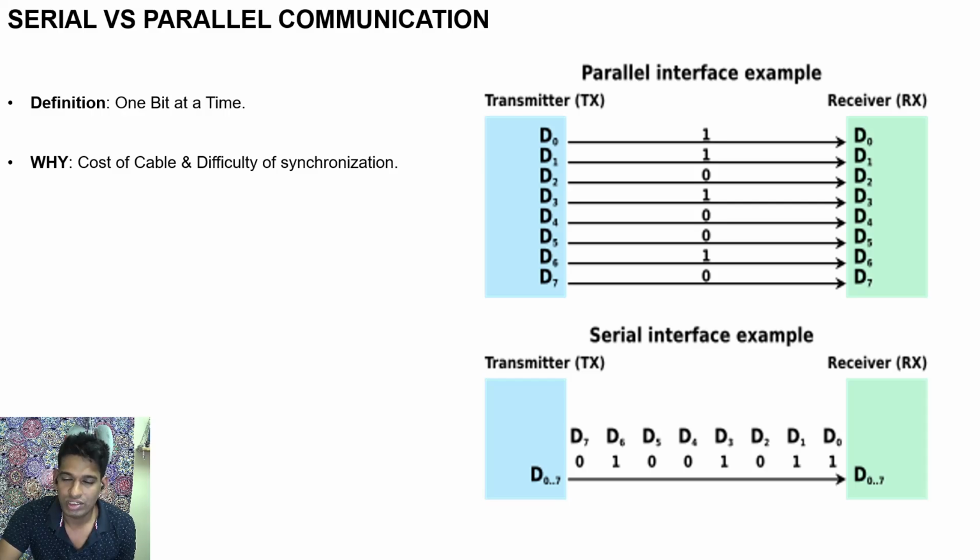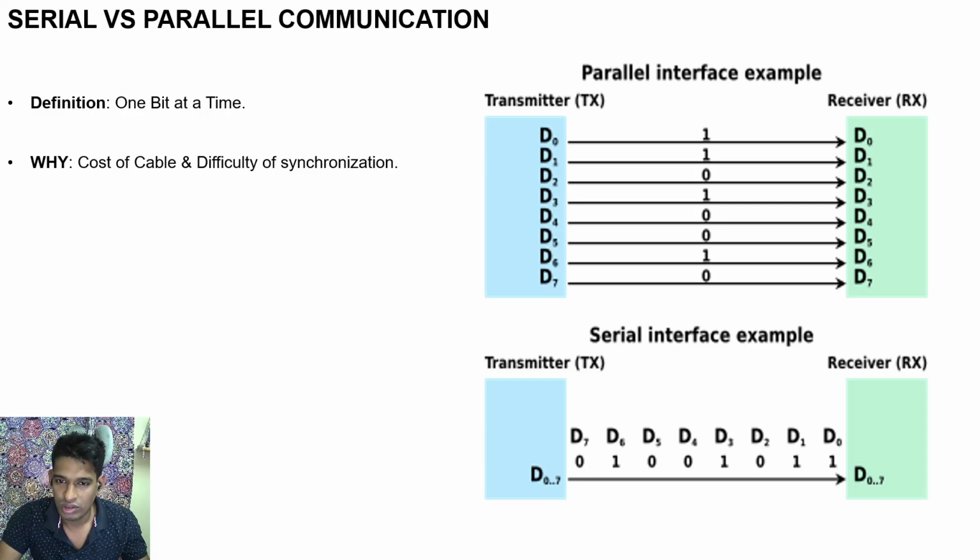What happens is data is transferred in clock cycles. You might all be familiar with what a clock cycle is. I'll explain clock cycles in detail later in this video. But for now, suppose it takes one clock cycle to send a bit.